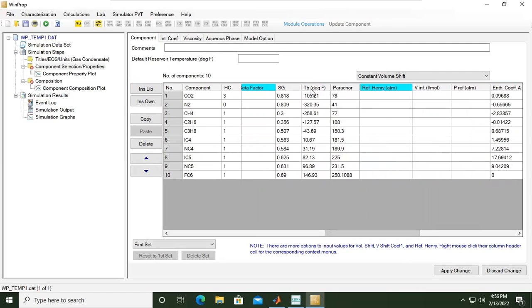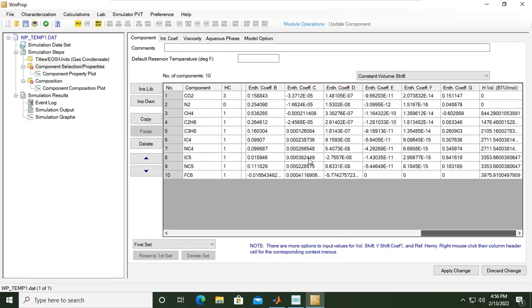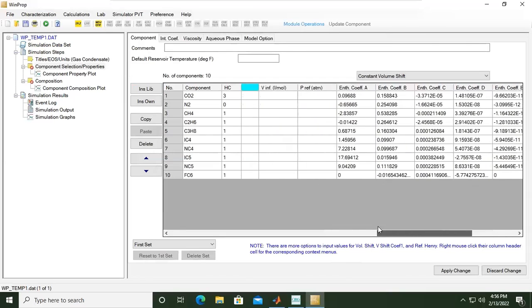I think it's boiling temperature, okay? And others. Again, if you want to be familiar with it, I recommend you to open the manual, going to help. Okay, so far so good.